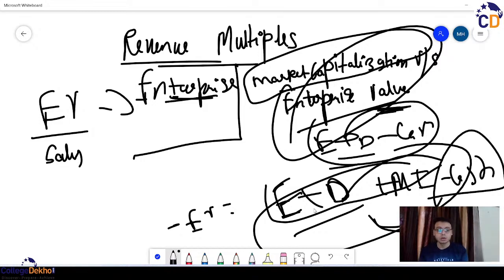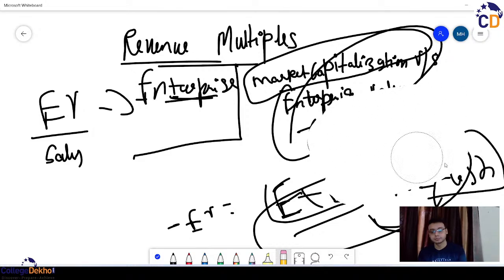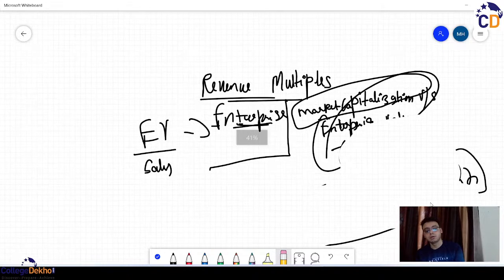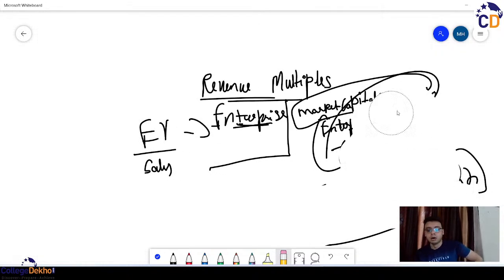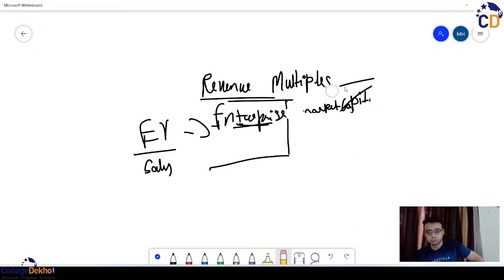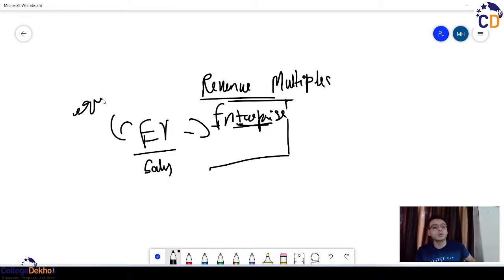Okay, so coming back to EV to sales. This EV is taking into consideration both your equity and debt.